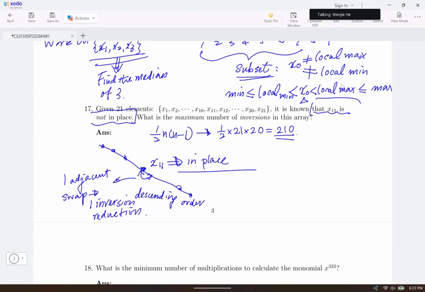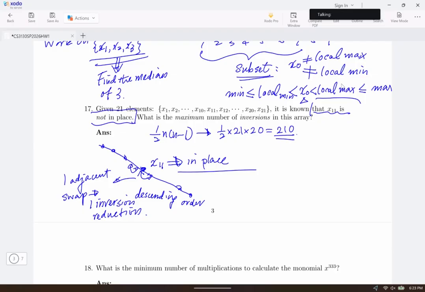If it's not adjacent, then you may get a two inversion reduction, more than one. So then it's not maximum. So now you control it, because your adjacent swap could be on this side.